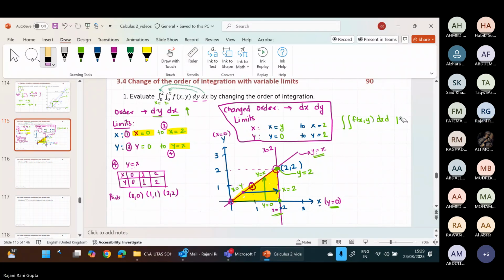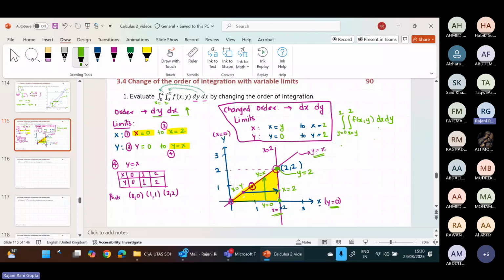Here the limits for x are from y to 2, and the limits for y are from 0 to 2. See, here the things are different. This is how you have to work for changing the order of integration with variable limits. Okay, this is one part.